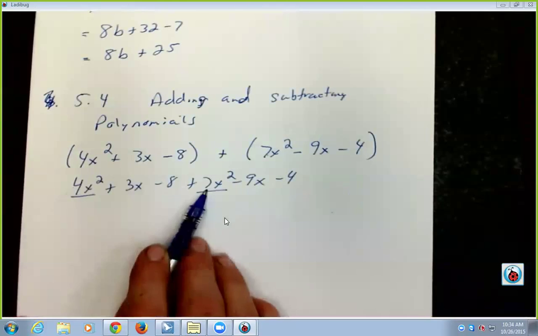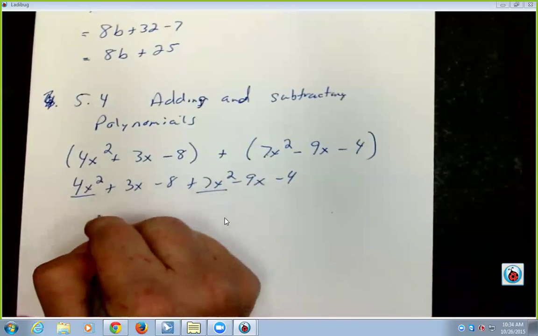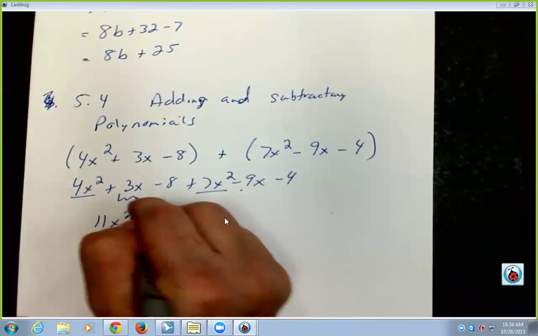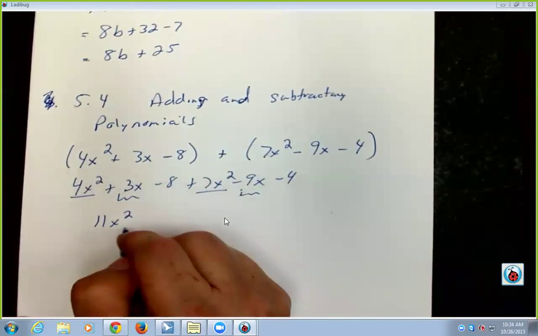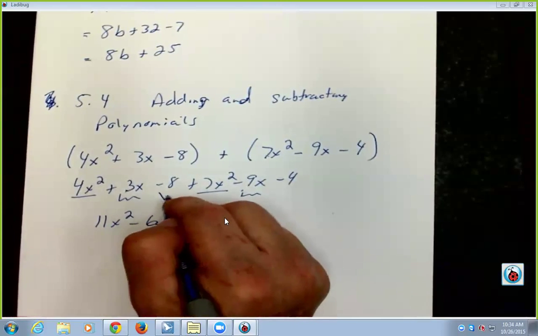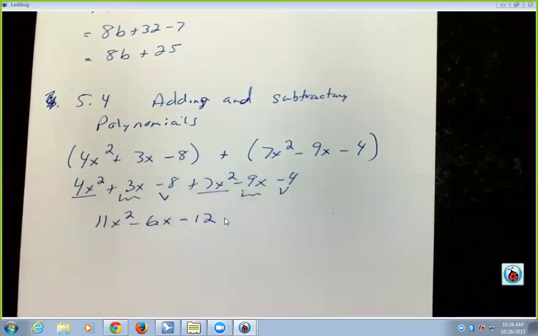4x squared and a 7x squared is 11x squared. Positive 3x and a negative 9x is a negative 6x. And last of all, a negative 8 and a negative 4 is a negative 12.